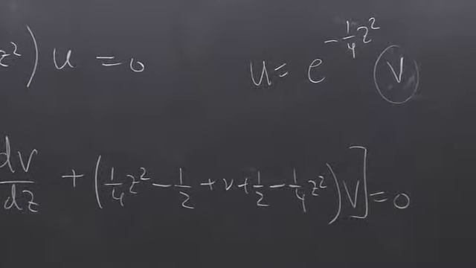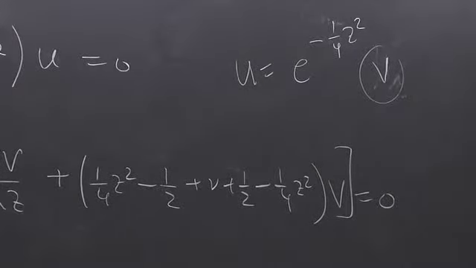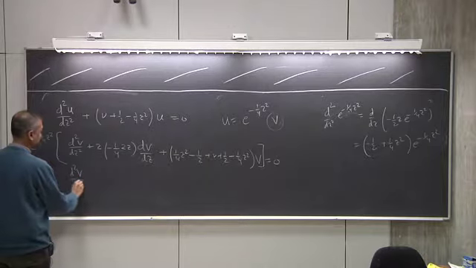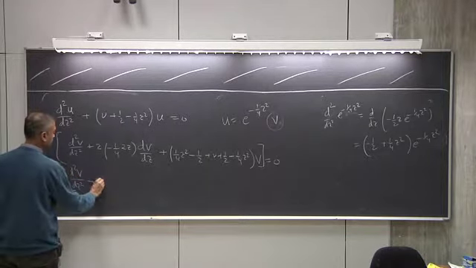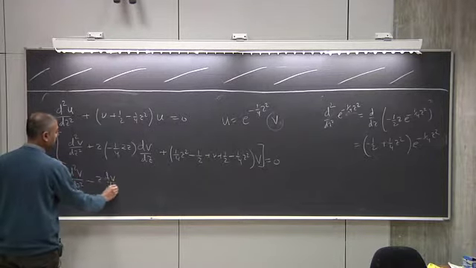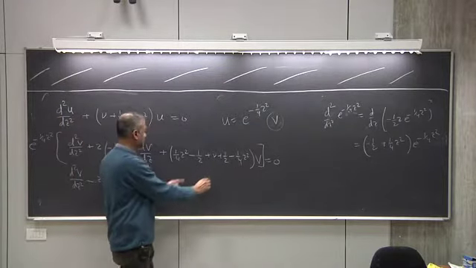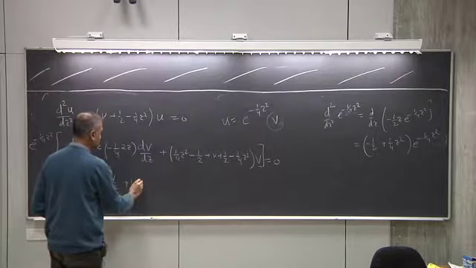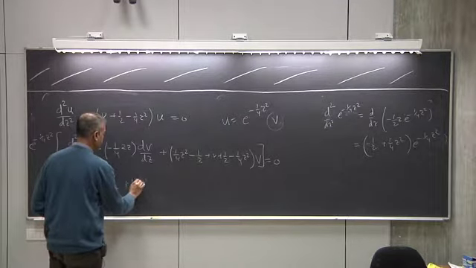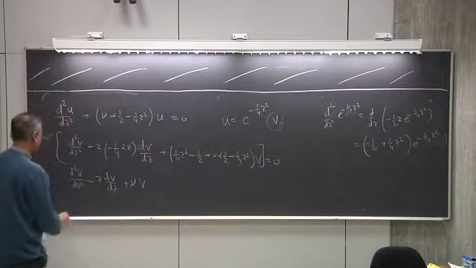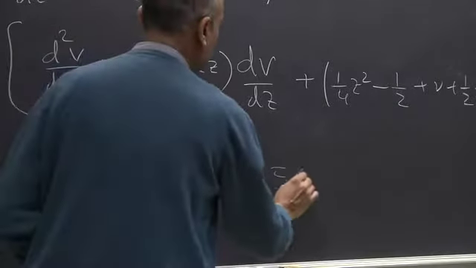So this becomes d2v by dz2 minus z dv by dz. And then here 1/4 z square cancels with that, and minus half cancels with that. So very simple, plus nu v. This is the equation. This is equal to 0.